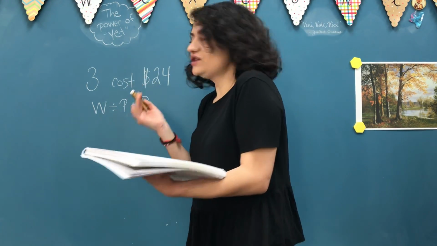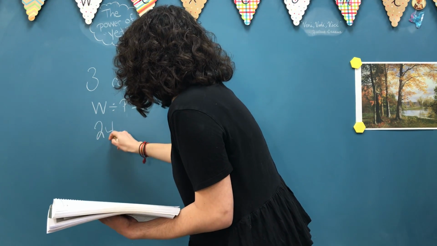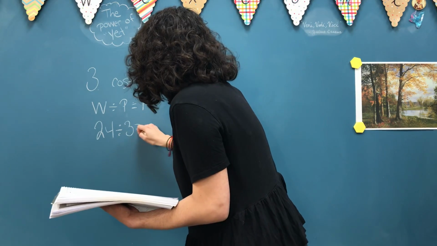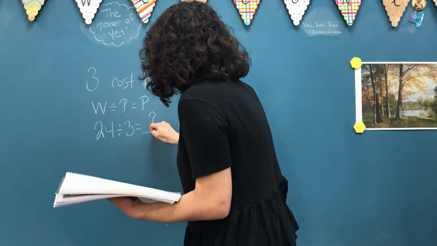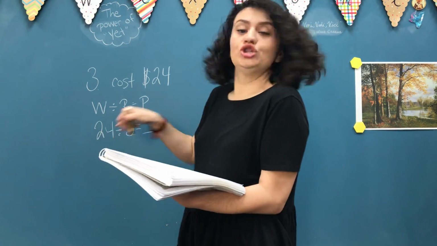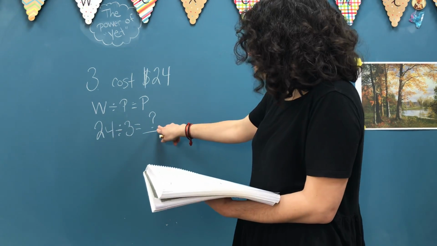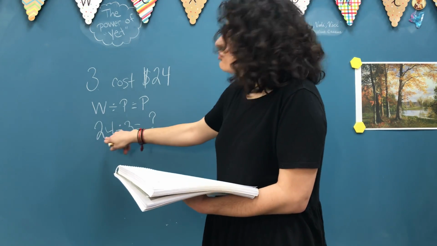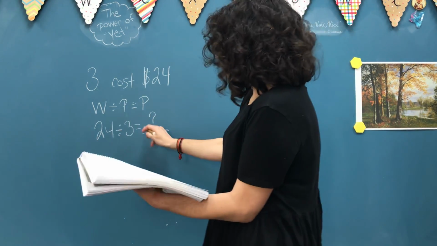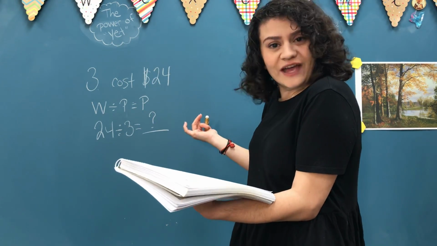So my equation would be, well, whole divided by my part equals my other part. So when I'm doing my division, remember, an easy way to do it is to say, what times 3 equals 24? Well, let's see. 8, right?